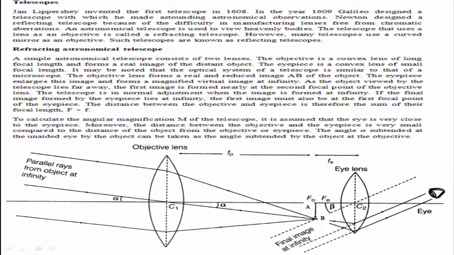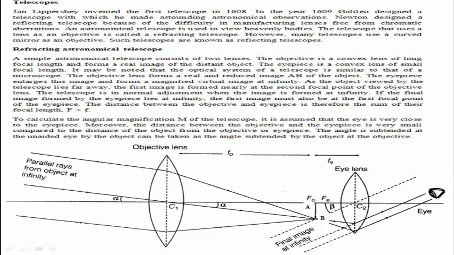The telescope is in normal adjustment when the image is formed at infinity. If the final image formed by the eyepiece lies at infinity, the first image must also be at the first focal point of the eyepiece. The distance between the objective and eyepiece is therefore the sum of their focal lengths, capital F plus small f.